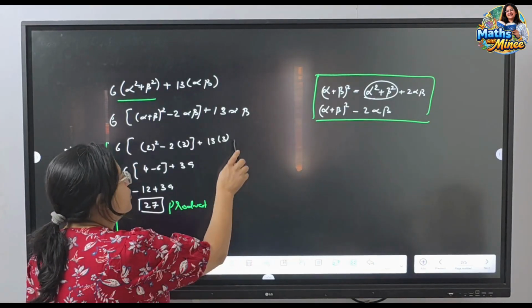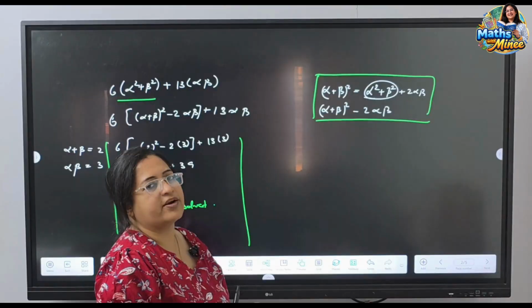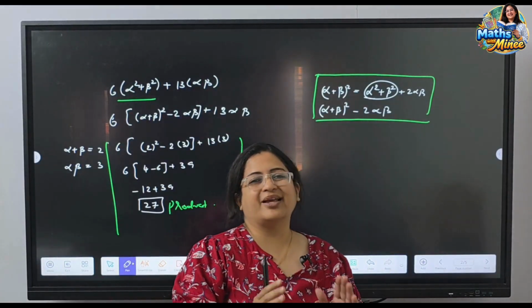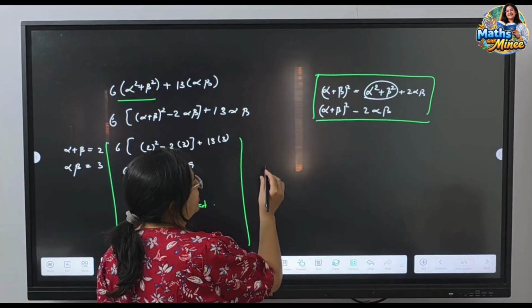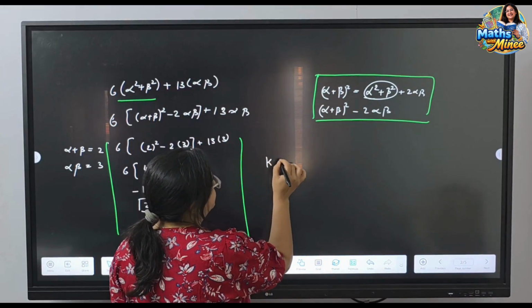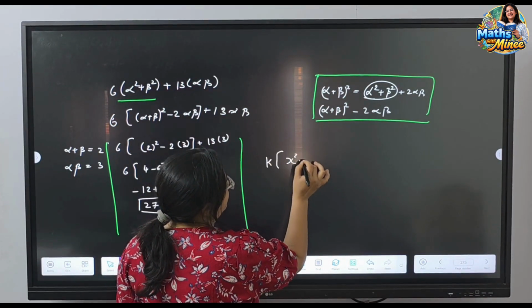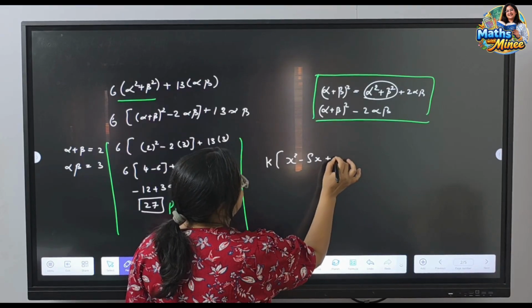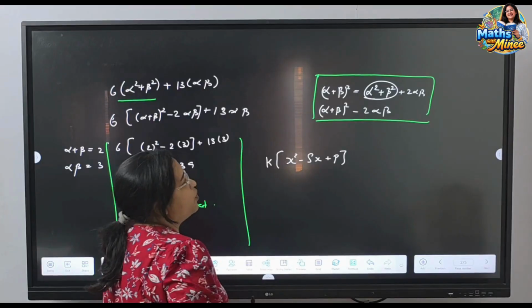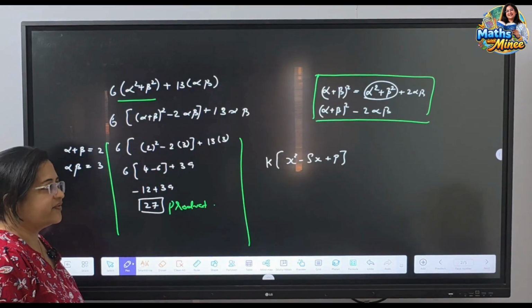Okay, now you know if you have to make the quadratic polynomial, we have the formula k times x square minus sx plus p, right? So we already have the sum and we already have the product.